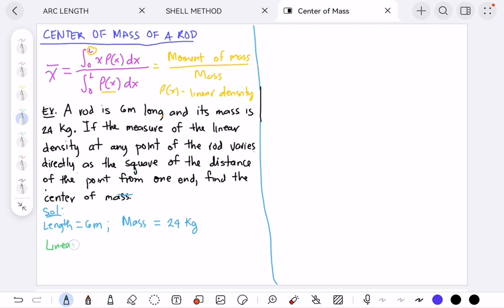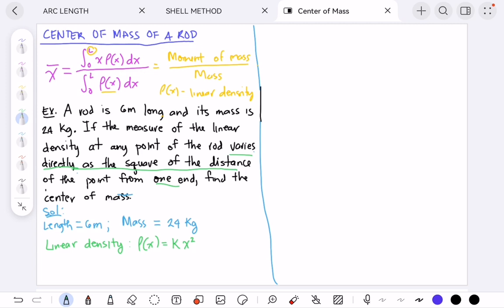So the linear density, according to the problem, its rho of x varies directly as the square of the distance of the point from one end. Since it varies directly, it's a product of a constant k and the square of the distance, x squared.